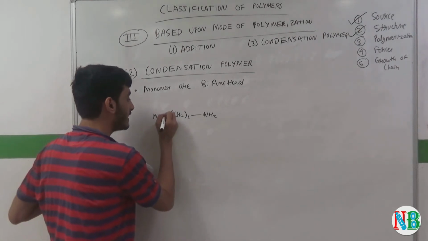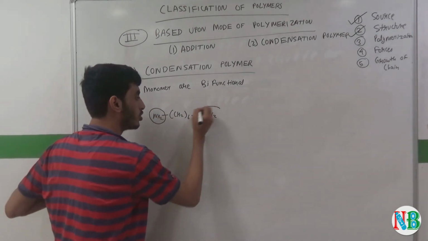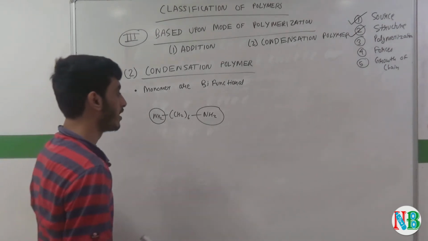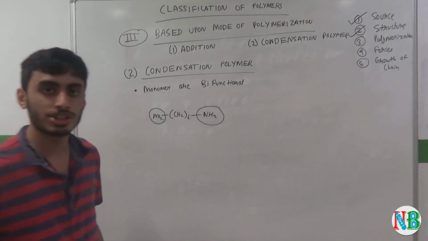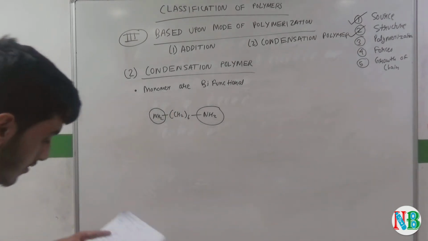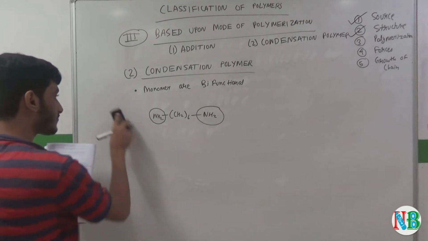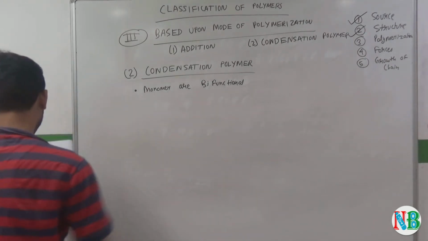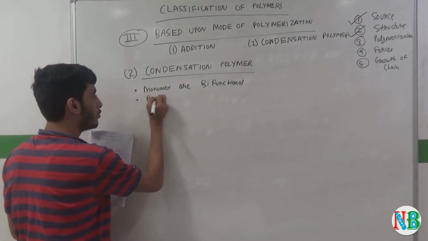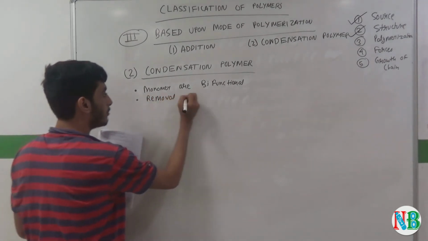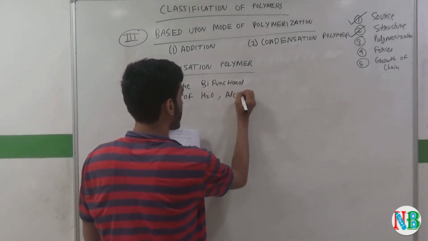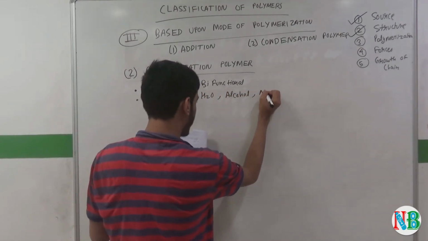It contains at least two groups: two amine groups, two COOH groups, or one amine and one COOH group, anything, but it should be at least two. And we see a removal of H2O, alcohol, ammonia, NH3, etc.